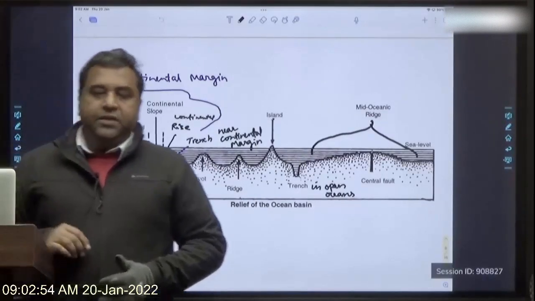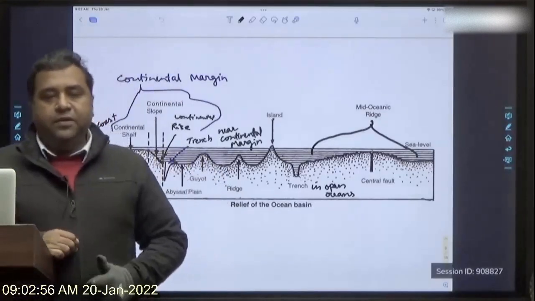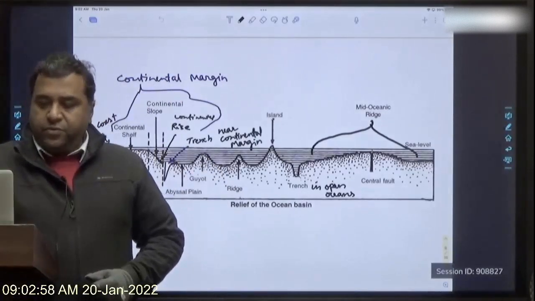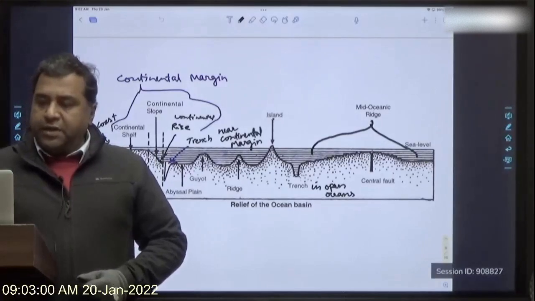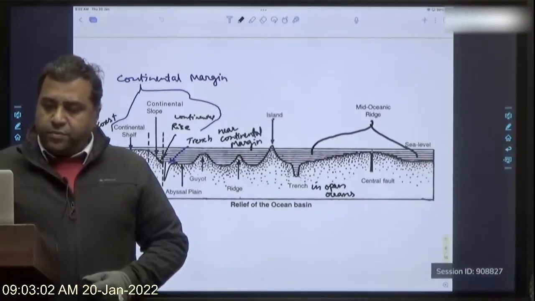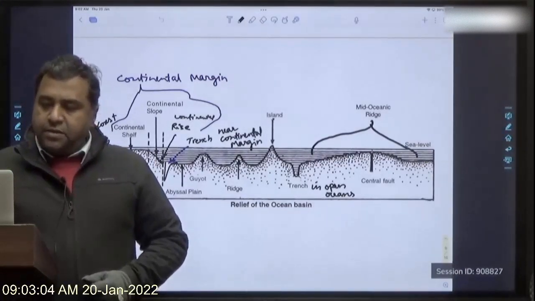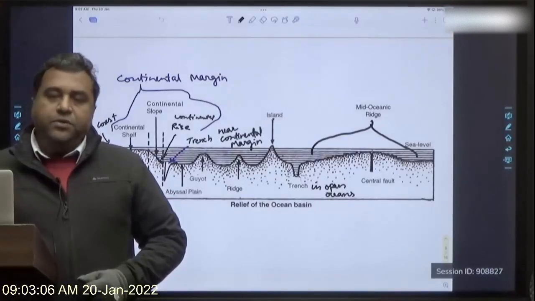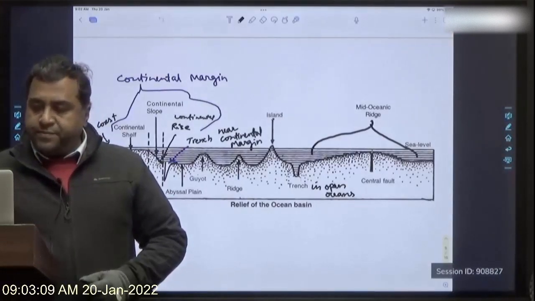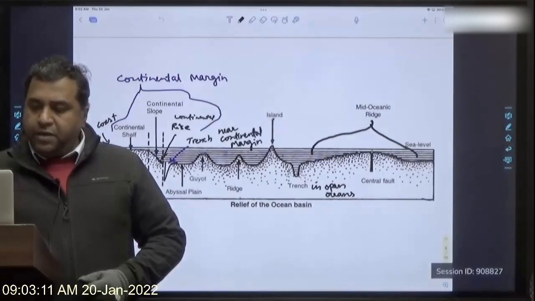So we had started a discussion around the ocean floors, and we had seen that before the Second World War, the understanding was that the ocean floor was a flat, featureless surface, with no formations.